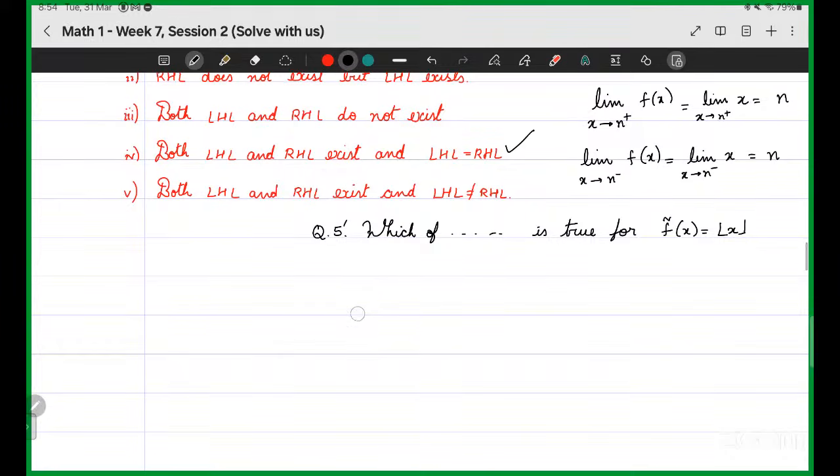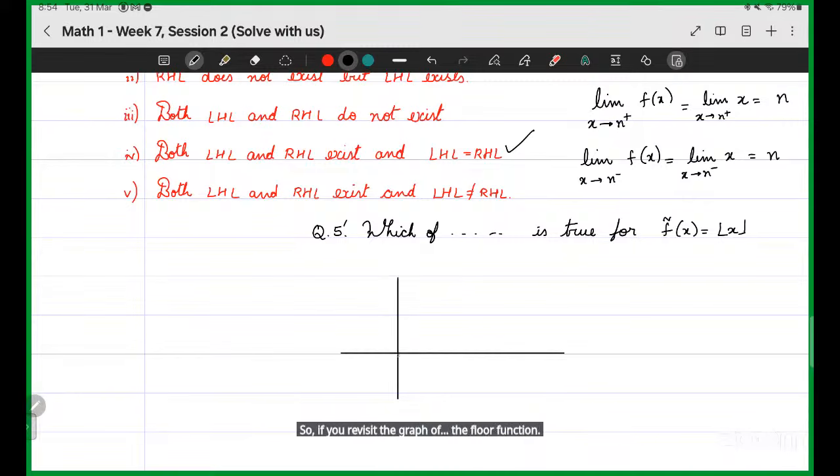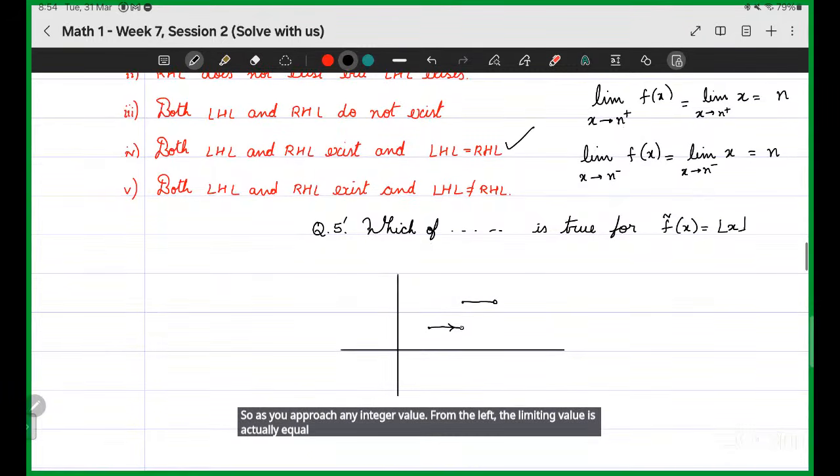So if you revisit the graph of the floor function, let me take this part. You have something like this. Doesn't matter which integer you take, this is how it will look. As you approach any integer value from the left, the limiting value is equal to, let's say this is n.